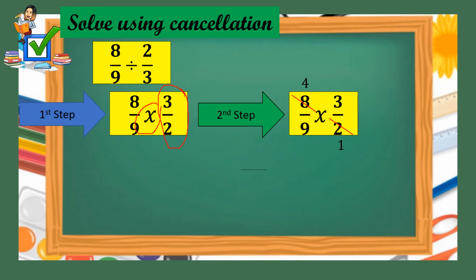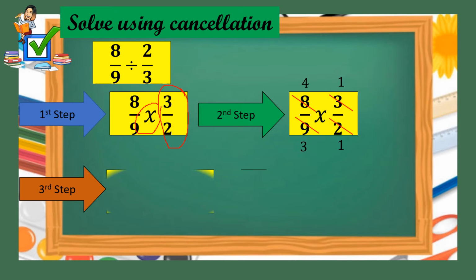Next, 3 and 9. So 3 divided by 3 equals 1, and then 9 divided by 3 equals 3. So hahanap kayo ng pwedeng i-divide dun sa magka-cross na numbers: 8, 2 and 9, 3.